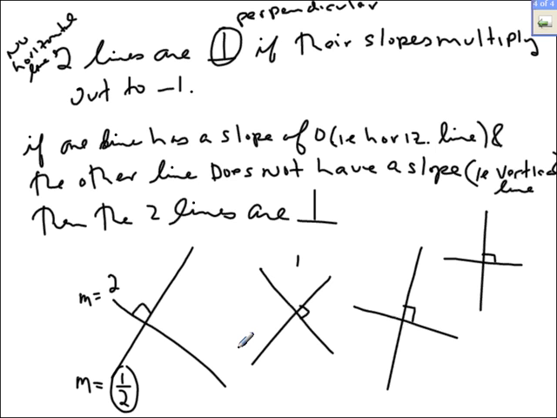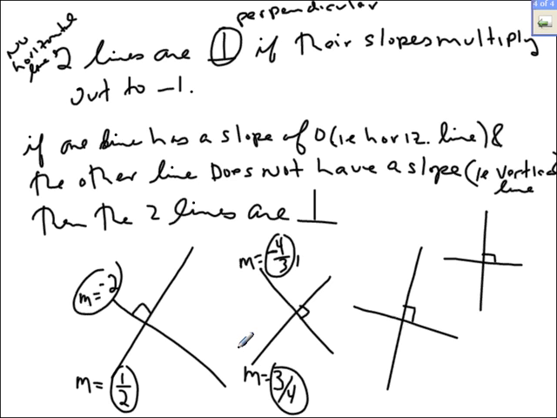Now, if this slope, which is positive, is a half, then the other slope is basically flip that over, 2 over 1 is 2, and change the sign. These two numbers multiply out to negative 1. If this slope is, for argument's sake, 3 over 4, then you flip it over. If you multiply two numbers that are reciprocals of one another, you get 1. If you want negative 1, change the sign.